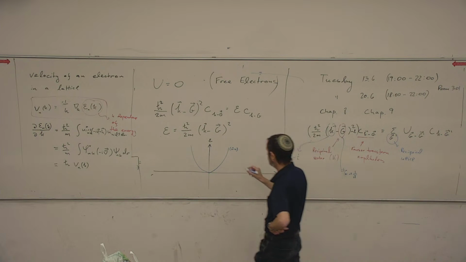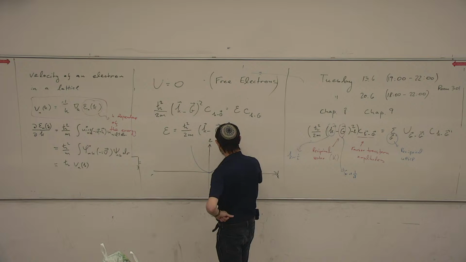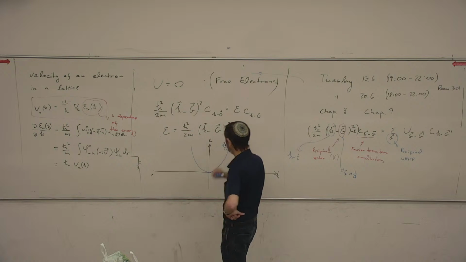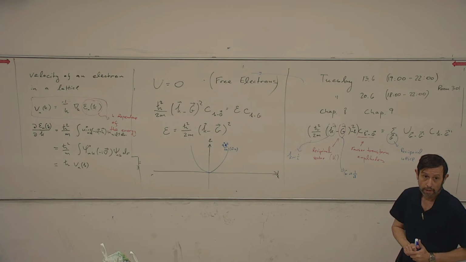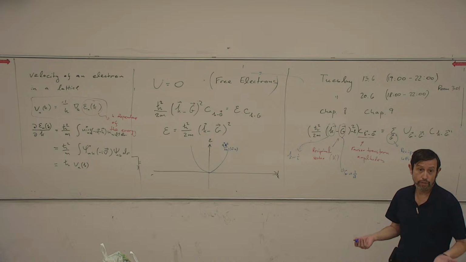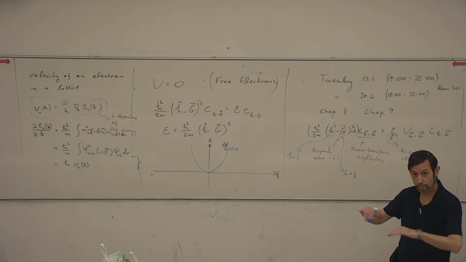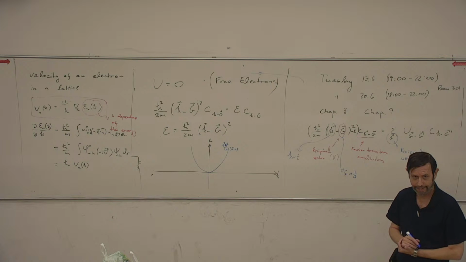So it's simply k squared over 2m. Let's take another reciprocal lattice. For simplicity, I assume one dimension just so I can plot it.